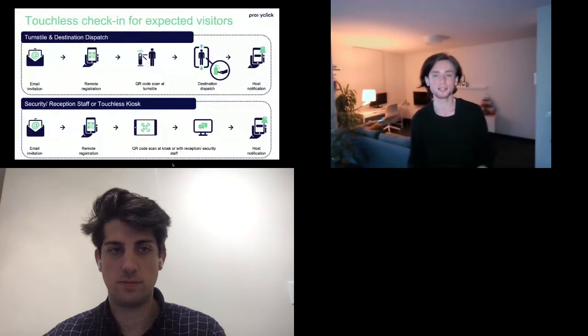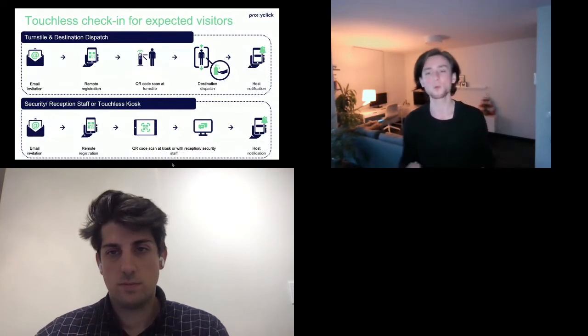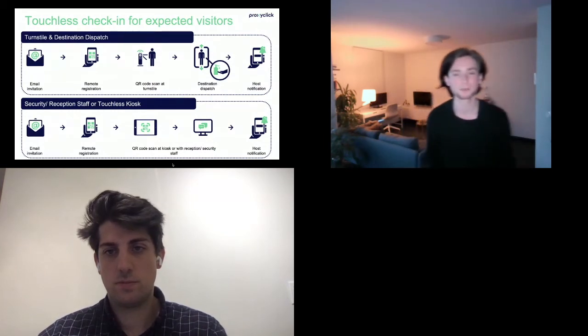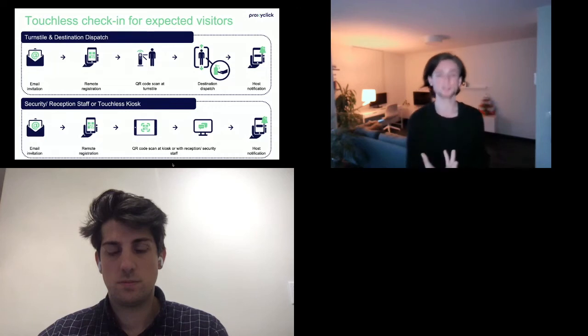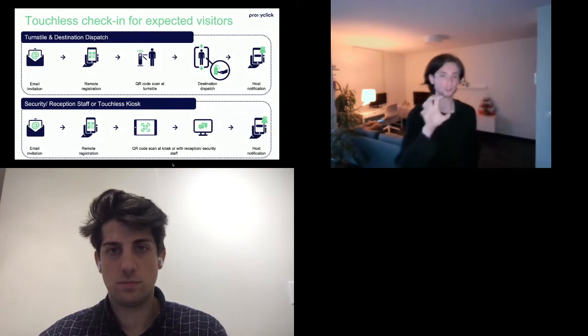In the top part of this slide, you're seeing what is possible if we can work with your team to integrate your access control system with Proxyclick. When your visitor receives an invitation, he's going to get a link that allows him to start the screening process in a feature we call remote registration. At the end of that, your visitor is going to get a token that the visitor can then present at your turnstile.